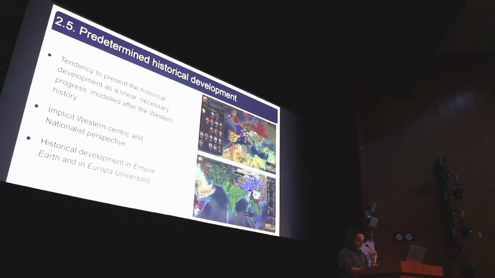For example, a game such as Europa Universalis is well known for its approach to simulation in terms of sandbox dynamics. Despite its Western-centered focus, it starts with a relatively accurate representation of European states in the early modern age.